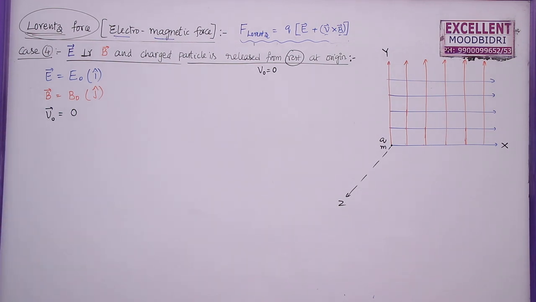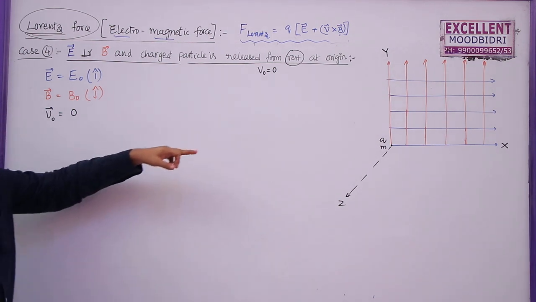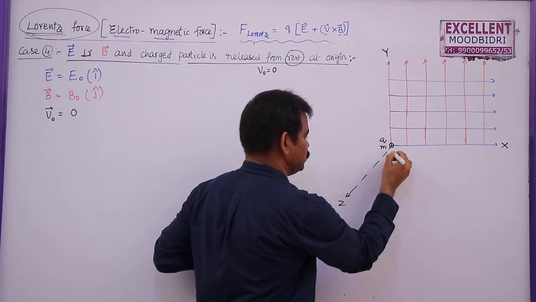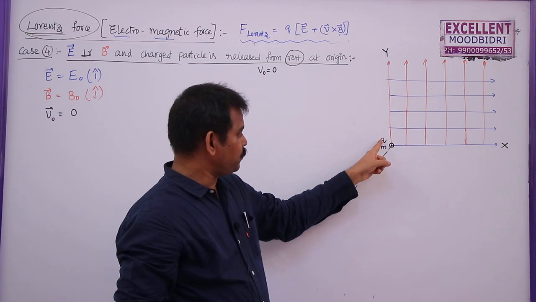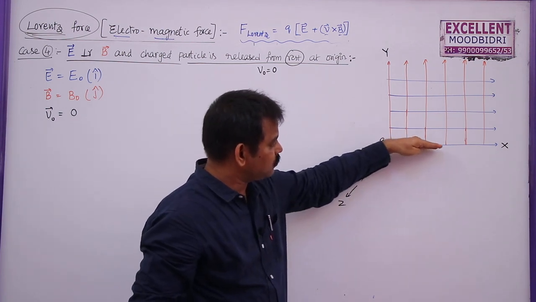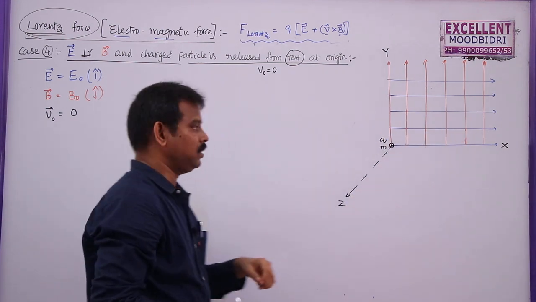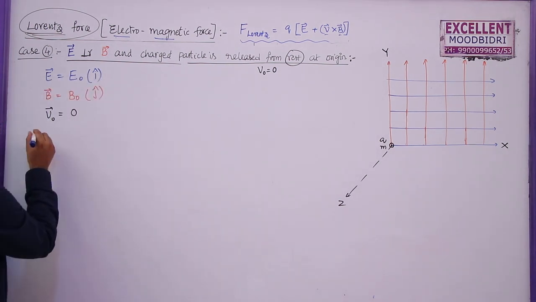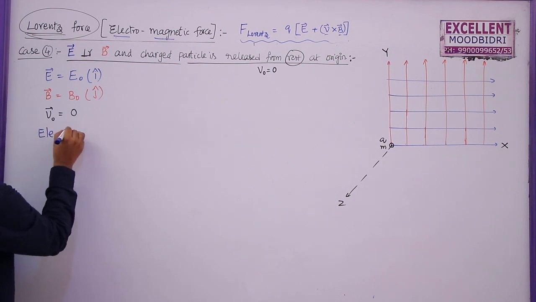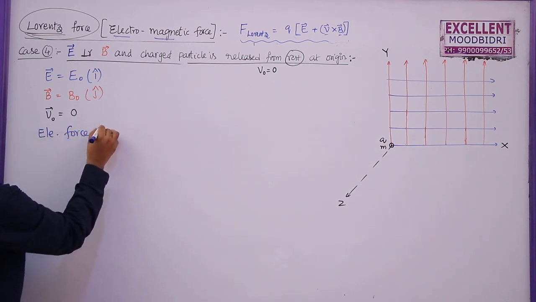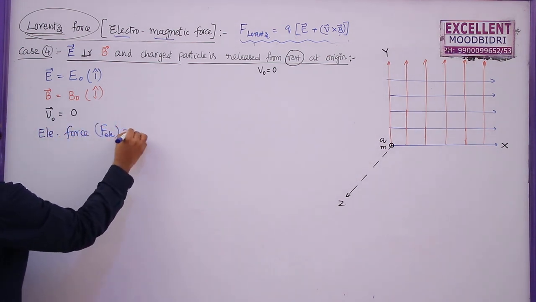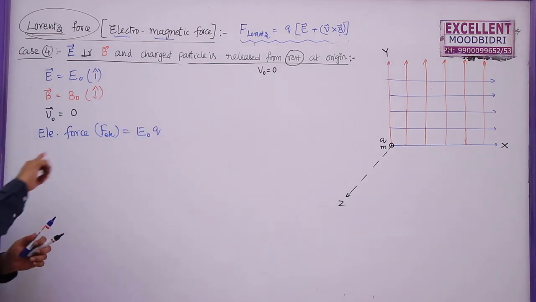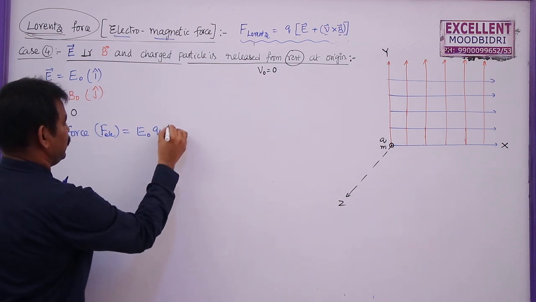So now, what is the direction of the electric force experienced by the charged particle when it is placed at this origin? We know that as it is a positive charge, it always tries to move in the direction of the electric field. So I am going to write the electric force F electric as E naught q, and its direction is along x axis.